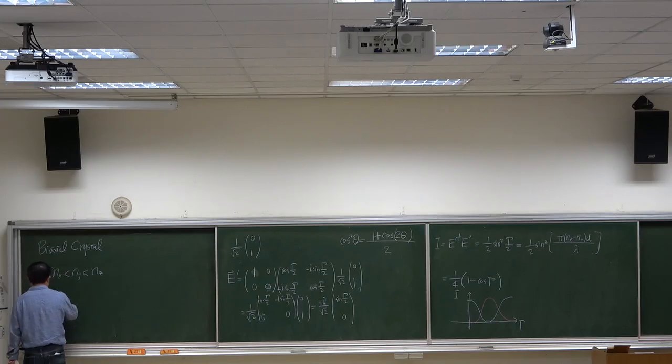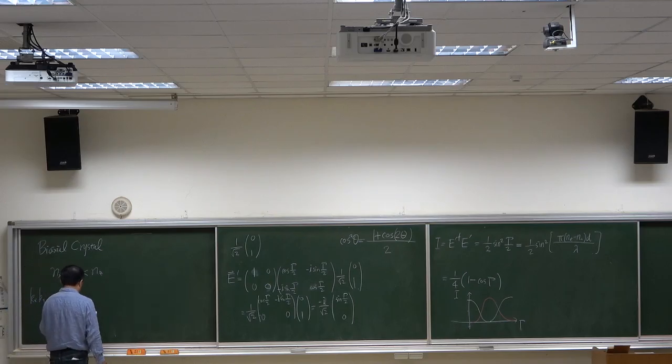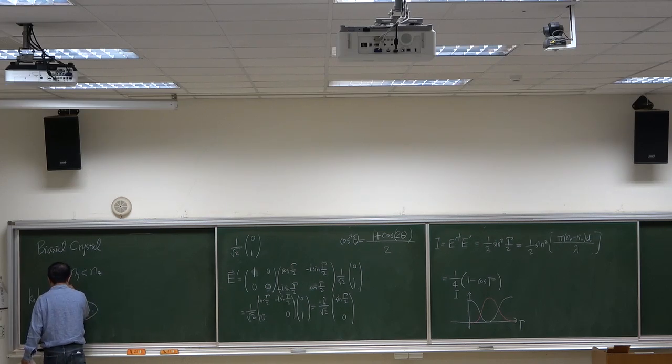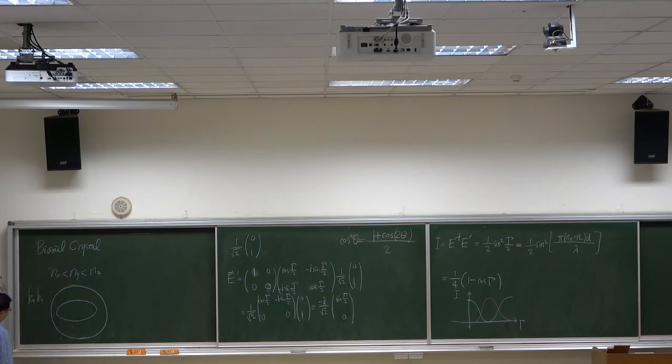Okay. So, for example, in the kx, ky plane, we have one small ellipse and one big circle.